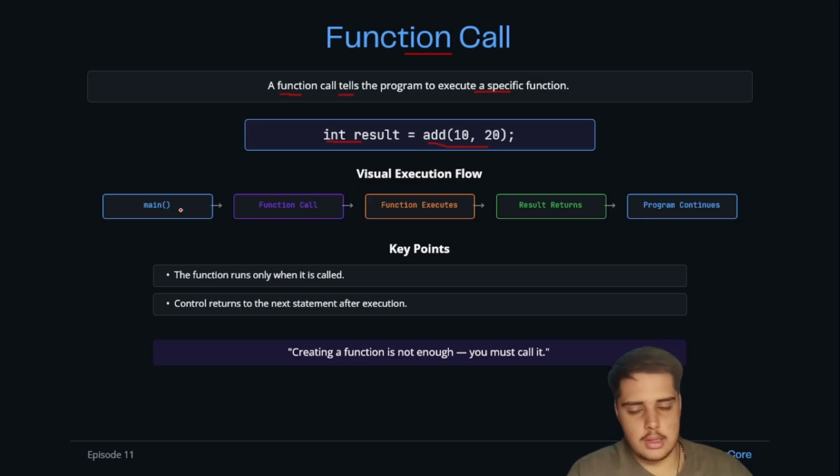Like in int main, a function is called, then the function executes, and the result is returned back to int main, and then the program continues. So the function runs only when it is called, and control returns to the next statement after execution. So creating a function is not enough, you must call it.